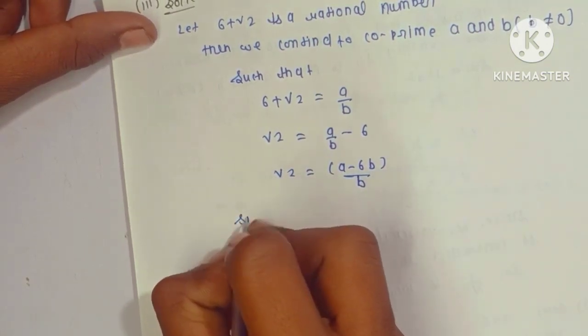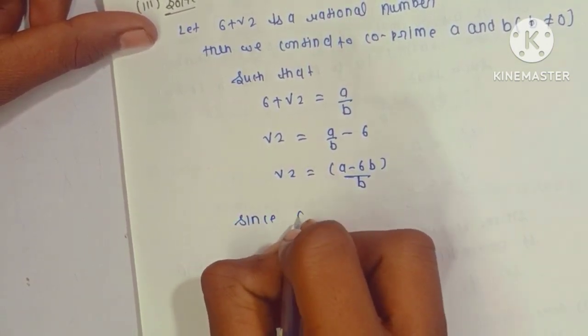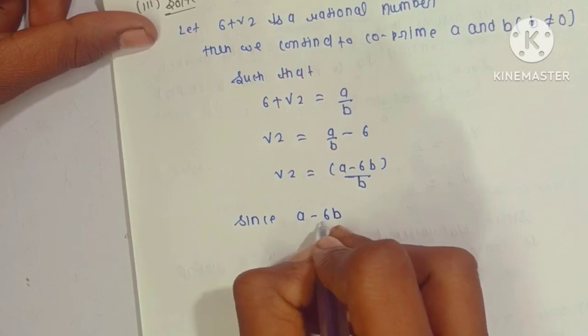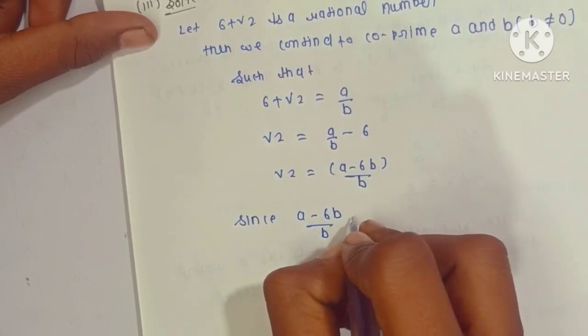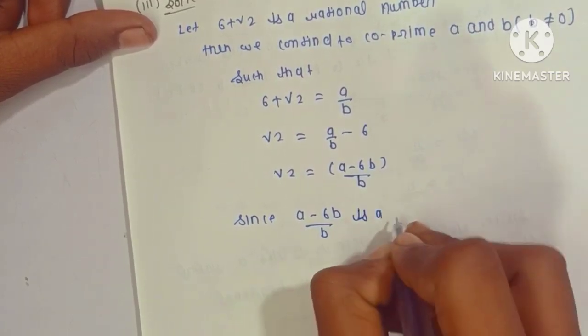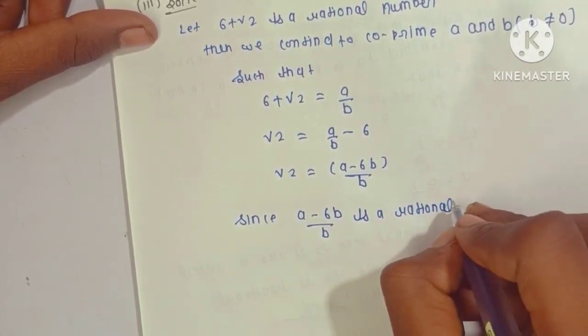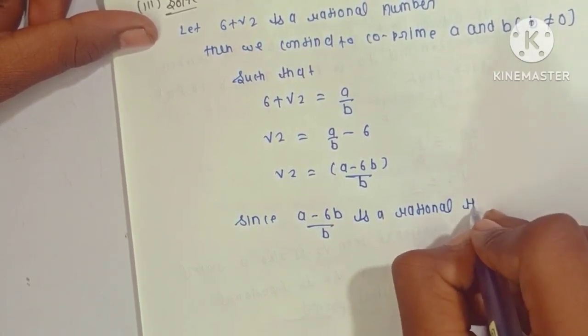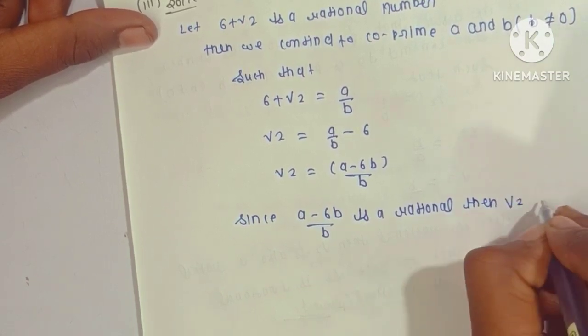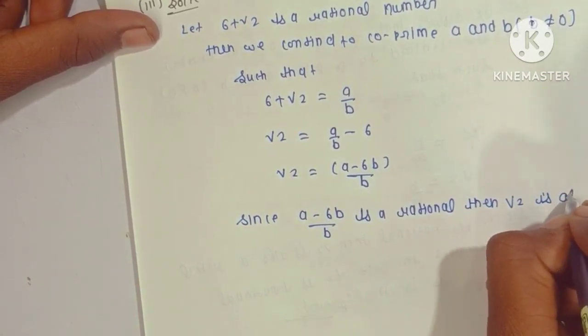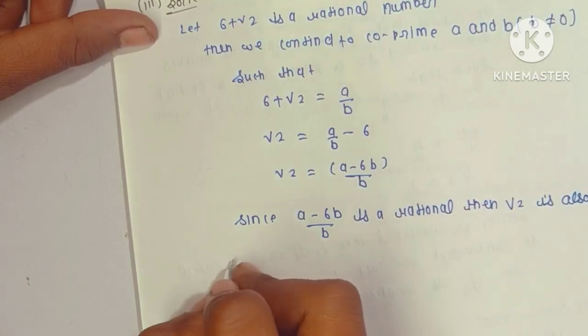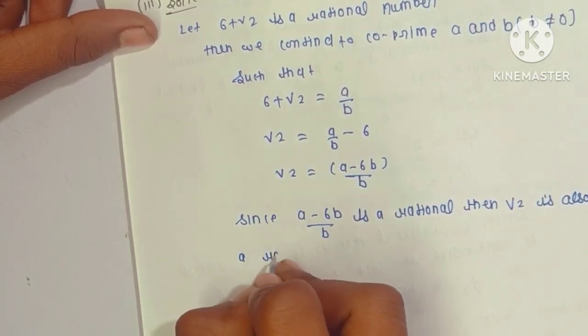Since (a minus 6b) upon b is rational, then root 2 is also rational.